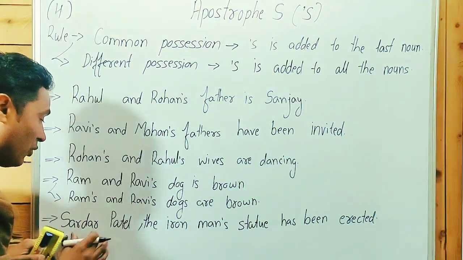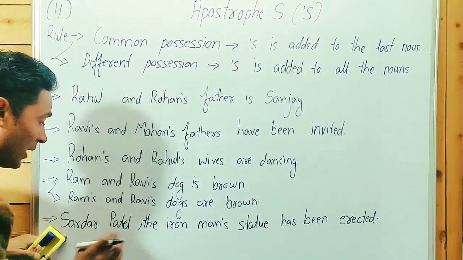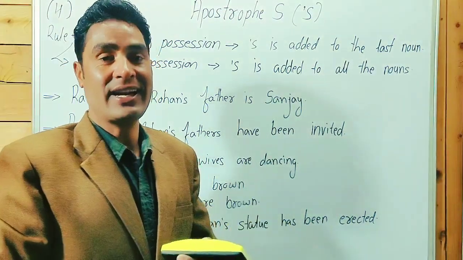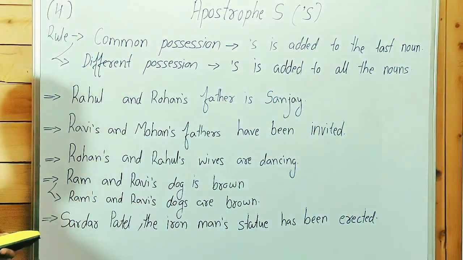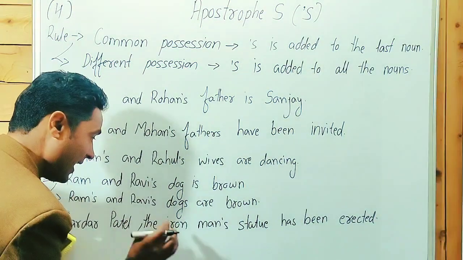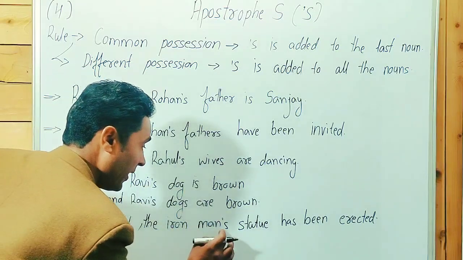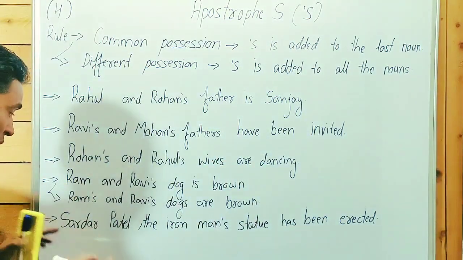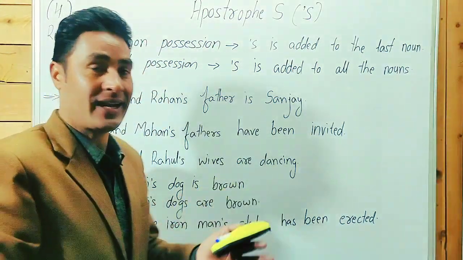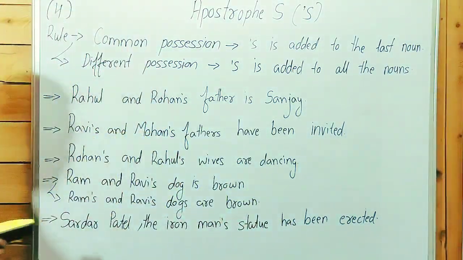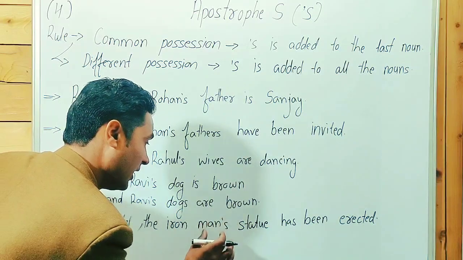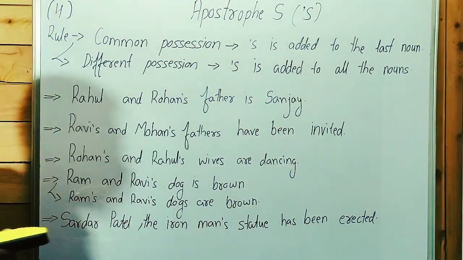We have to write only: Sardar Patel the Iron Man statue has been erected, which is the correct answer. Point to be noted: in common possession, we use apostrophe S on the last noun.